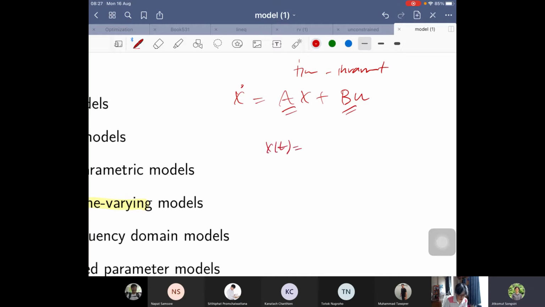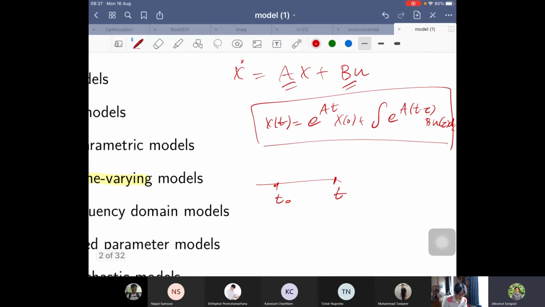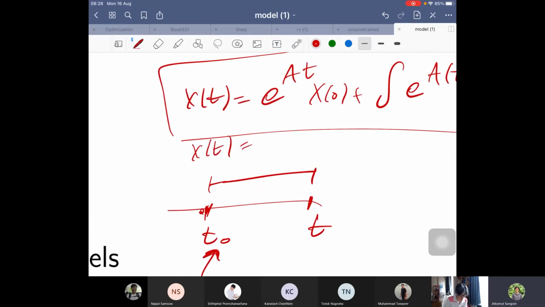If we look at the response, a time invariant system is one where, if we start from t0 and observe the response at time t, the response doesn't depend on when you start, but on how much time has elapsed from t0 to t. You will see it from the response as well.